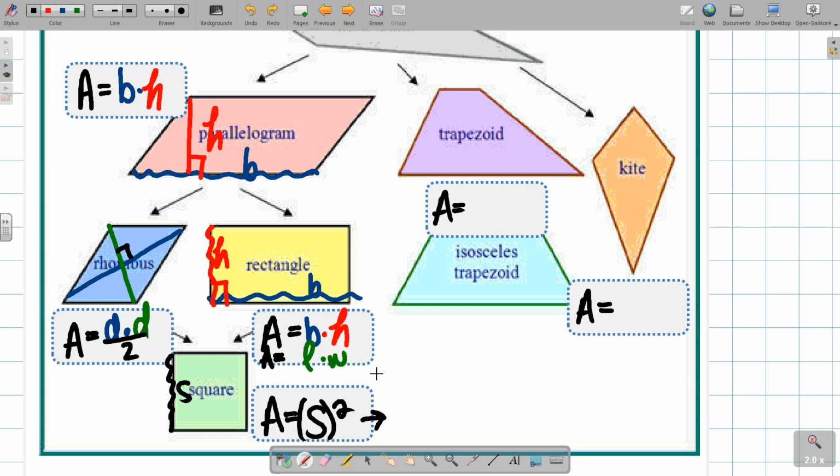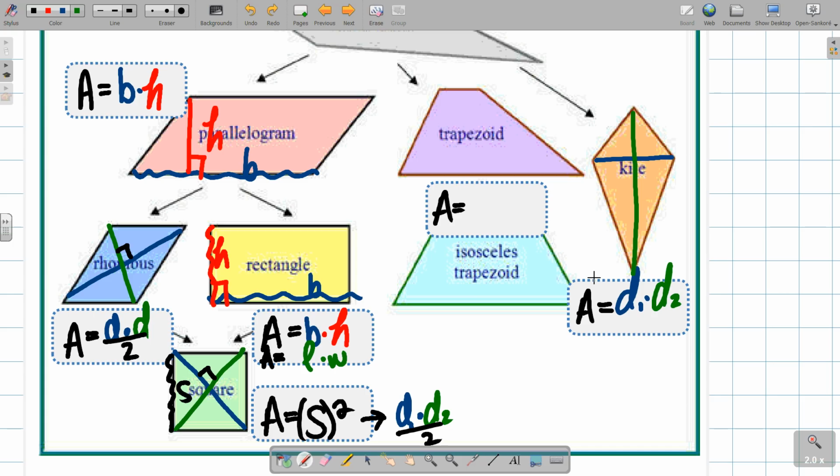So you can also do that for a square. The square could use both because it also has a right angle in the middle. Kite, one diagonal times the other diagonal over 2.